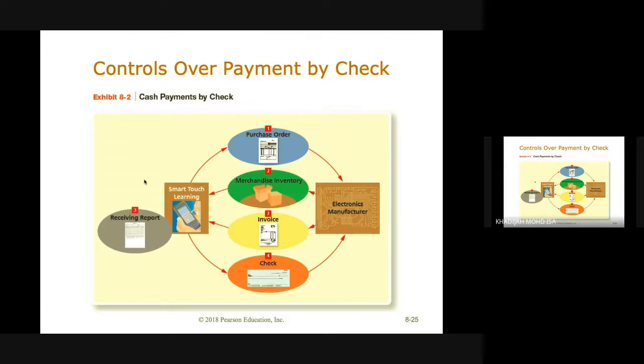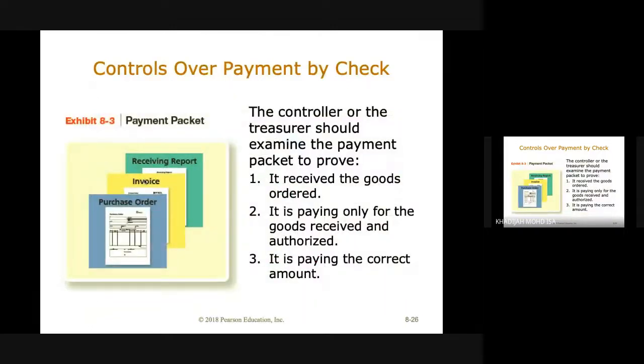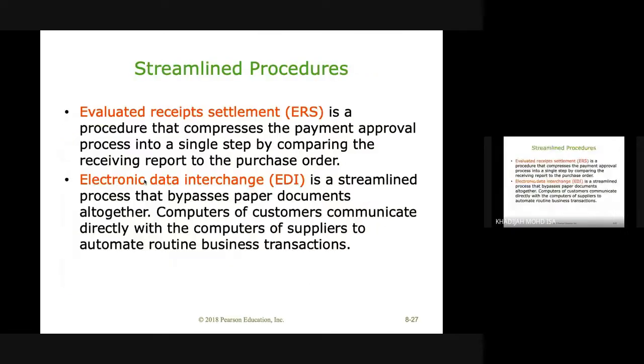You receive your purchase order, then you receive your merchandise, and then the seller will issue an invoice, and you make payment based on the invoice. You receive the goods, and only then you make payment. You pay only for the goods received and authorized, and you pay the correct amount. Don't pay more than what you should.